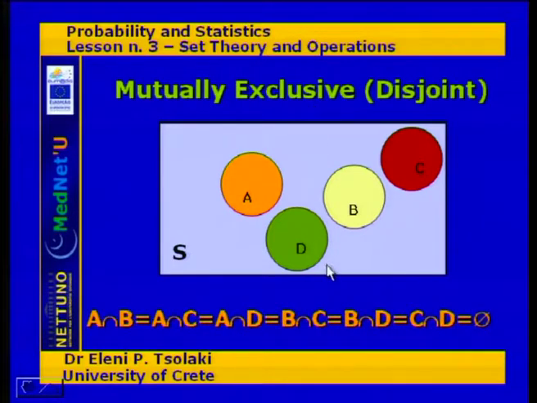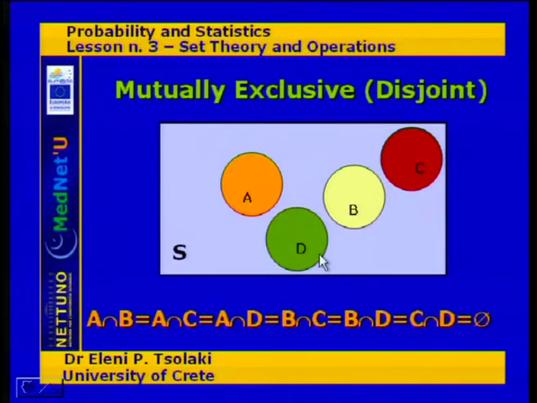Using mathematics, this can be written as A intersection B, we see, is the empty set. A intersection C, again, no common elements. A intersection D, no common elements. B intersection C, no common elements again.